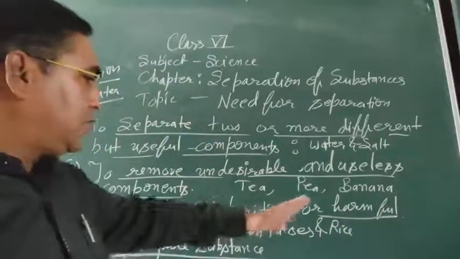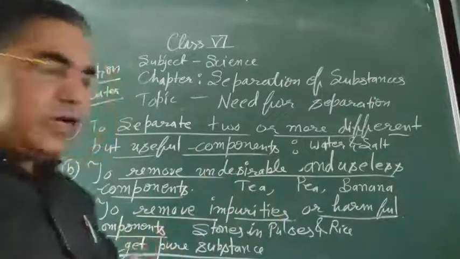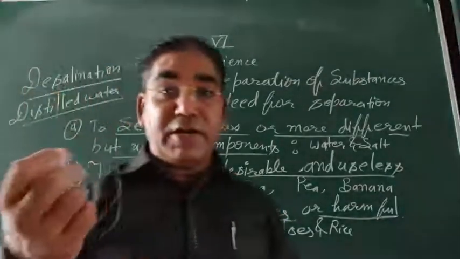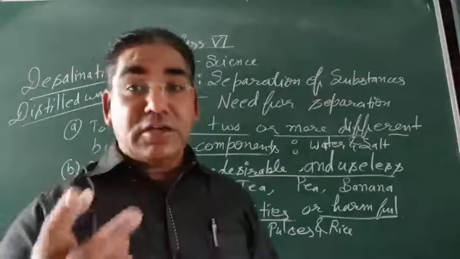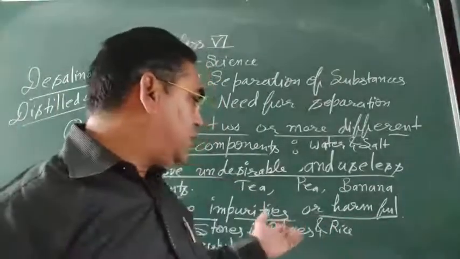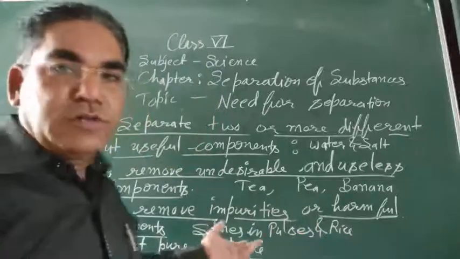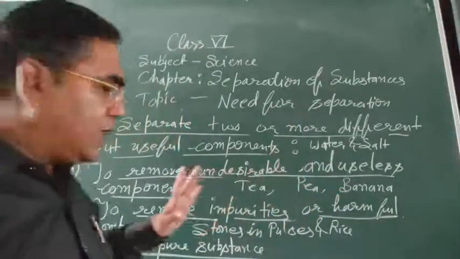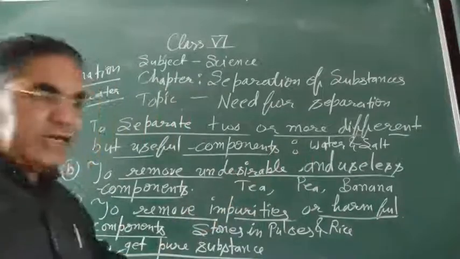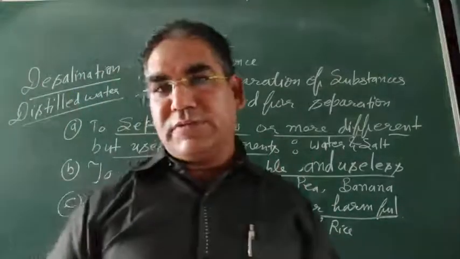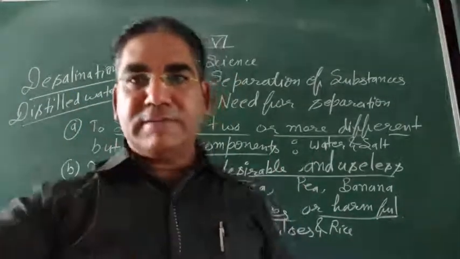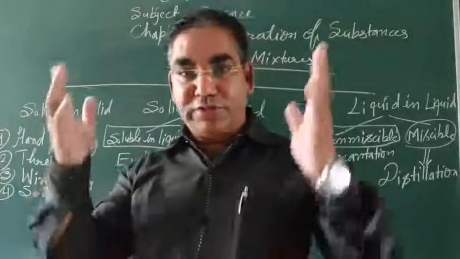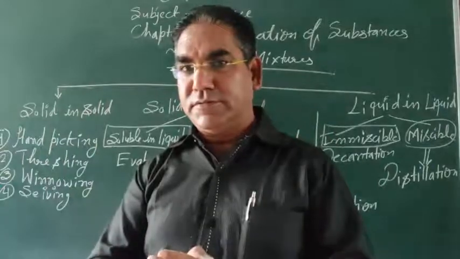To remove impurities or harmful components, stone particles from the pulses, rice, and also water before supplying to our houses. And next one, to get a pure substance. Remember this.